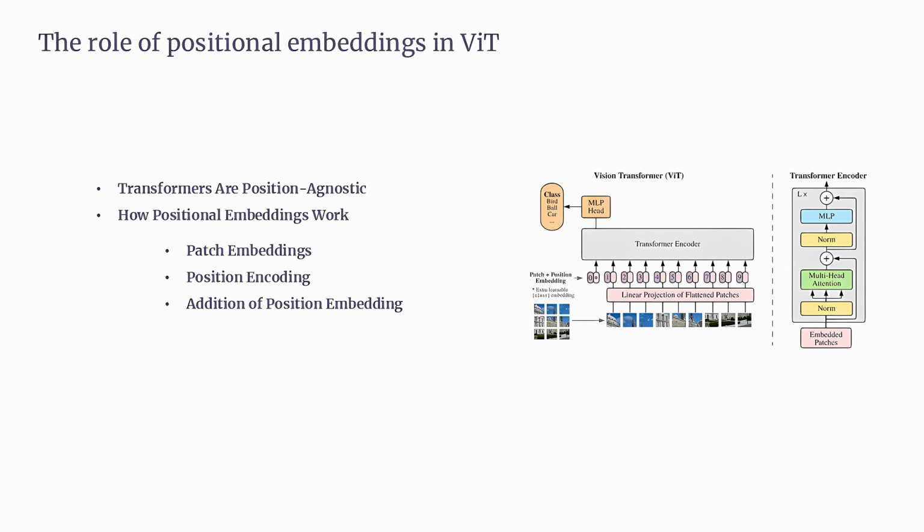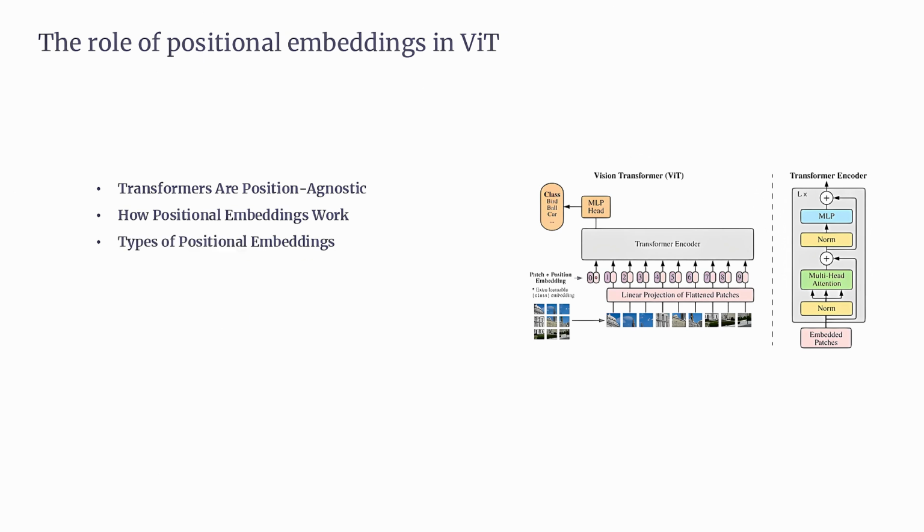The third, types of positional embeddings. 1. Learned positional embeddings. In ViT, positional embeddings are typically learned during training. These are trainable vectors similar to word embeddings in NLP models, and the model learns to represent spatial locations based on the specific dataset and task. 2.